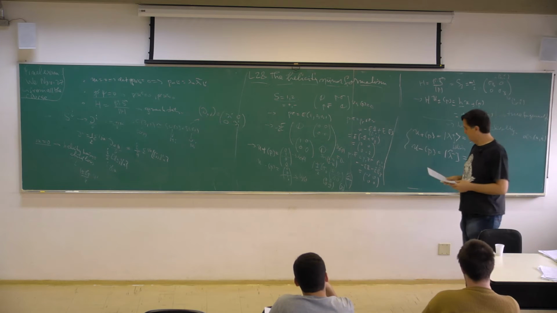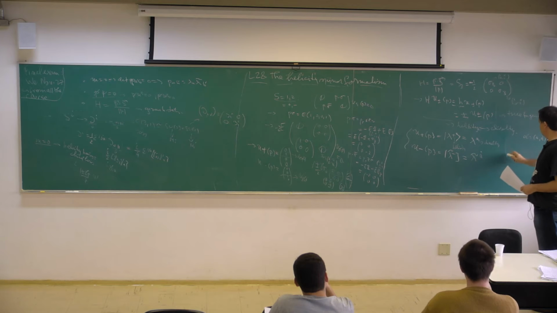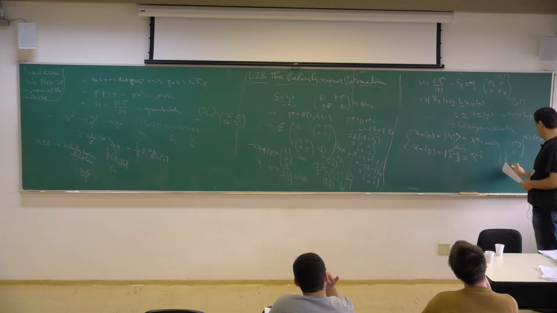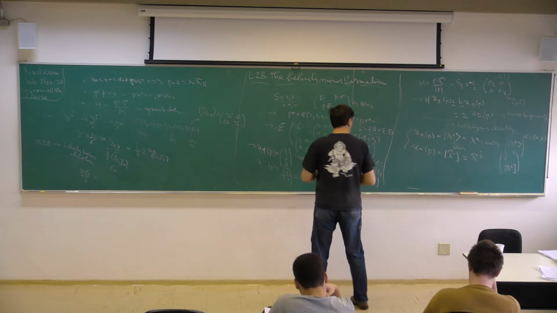Or yet another notation, if we remember that this is a 4-dimensional spinor, I can write only the upper components in this case, or the lower components in this case. So lambda tilde a dot.